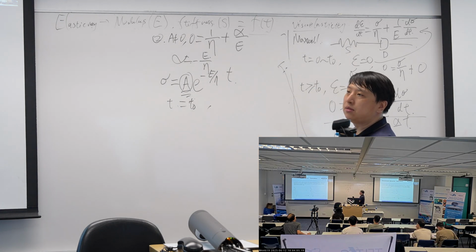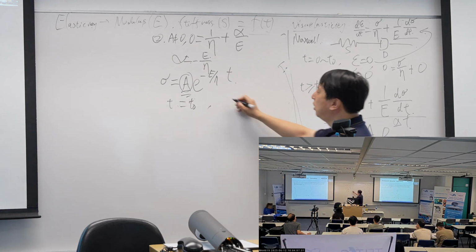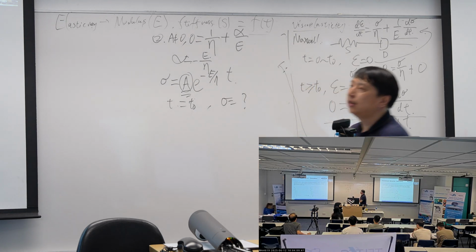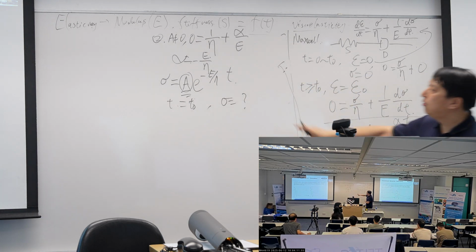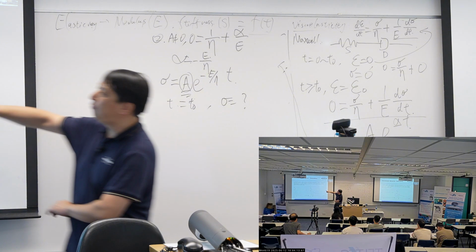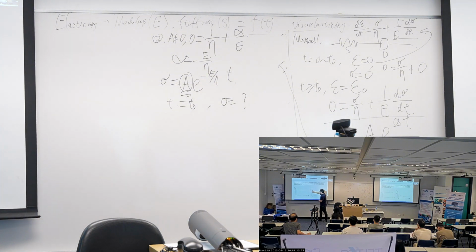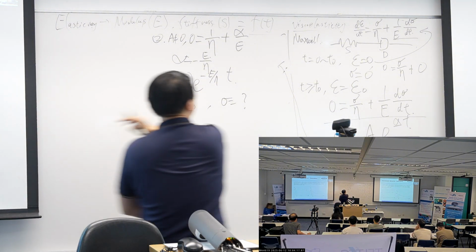We need the experiment to give us a condition: what the sigma looks like. The experiment will define the sigma if we measure it at t0, sigma 0.